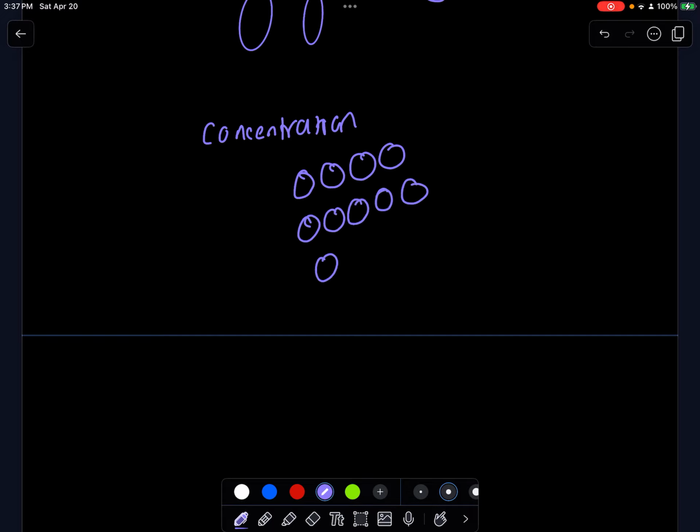Another thing that increases reaction rate is concentration. The reason concentration increases reaction rate is because there are more molecules of the reactants. And when there's more molecules of reactants, they will come into contact with each other more.